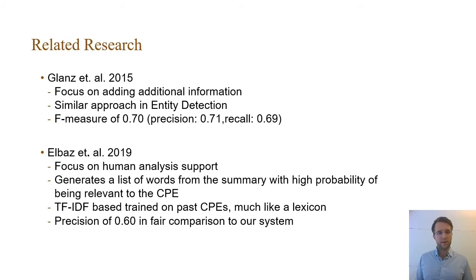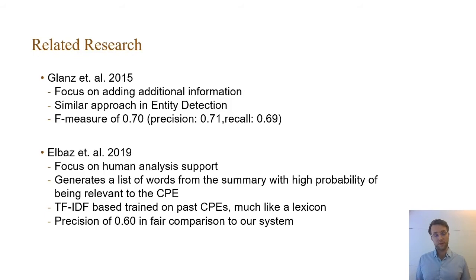We also have ELBAS from 2019, which focuses on human analysis support, where they want to generate a prioritized list of possible CPEs and CPE words that the analysts, the CNAs, can then use as a hint towards what CPE they should assign.